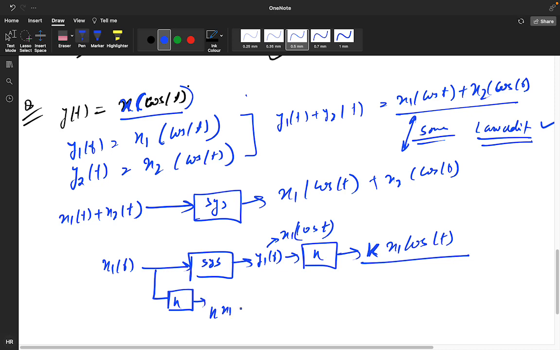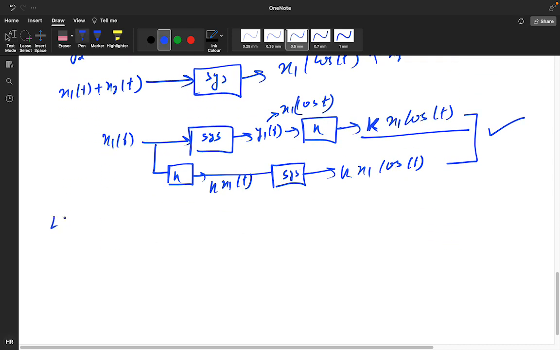So k x1 of t is passed through the system, which puts cos t in place of t. So k x1 cos t comes. These two are equal, so it satisfies the law of homogeneity also. Both the law of additivity and the law of homogeneity pass, so this system is a linear system.